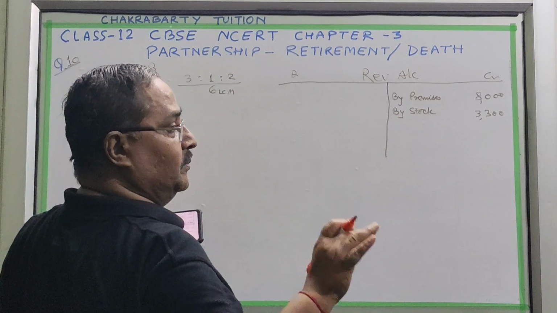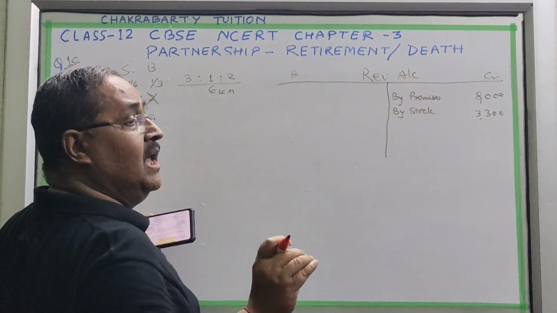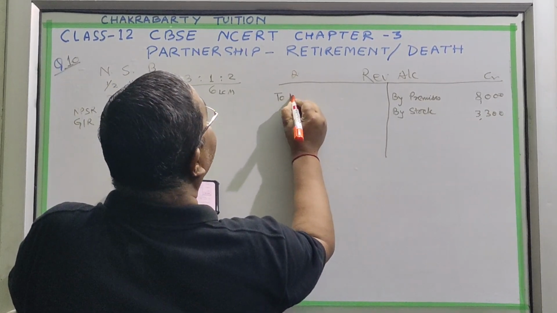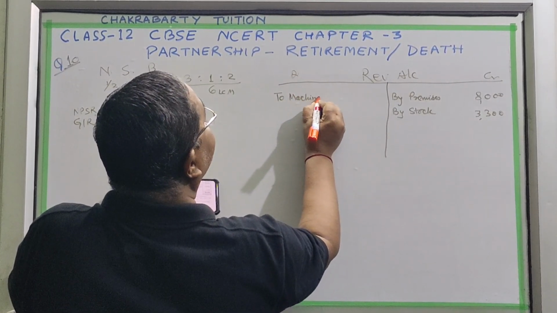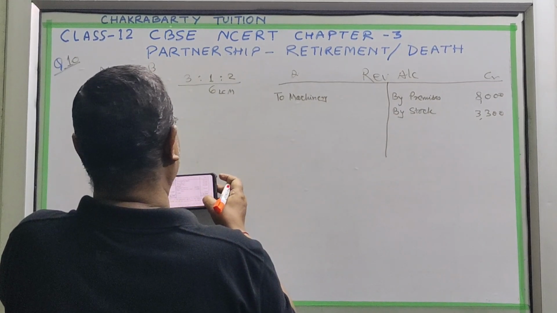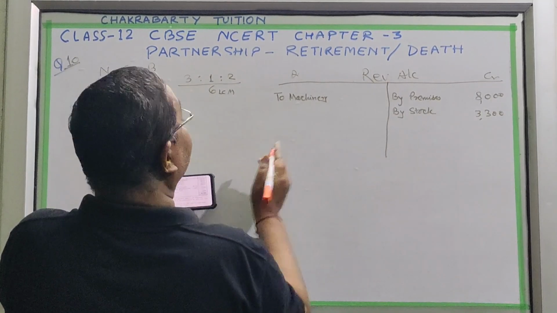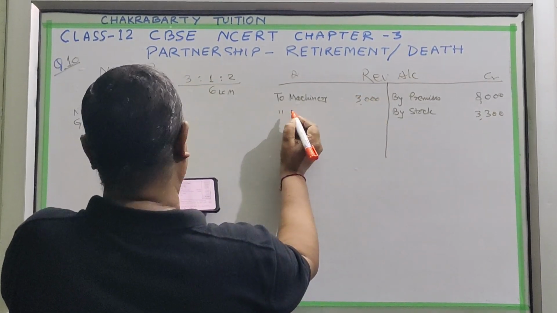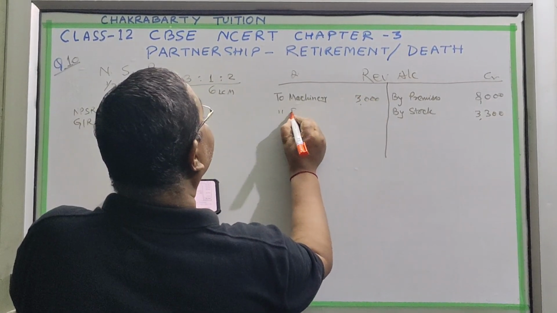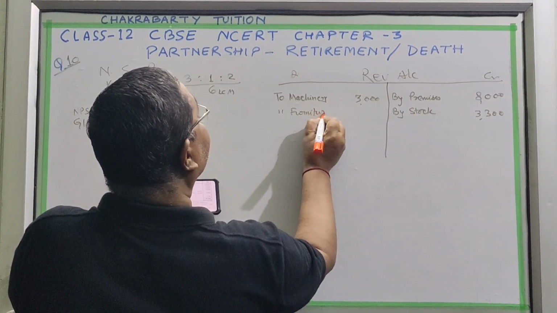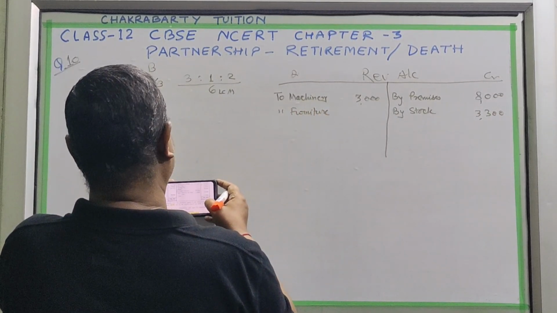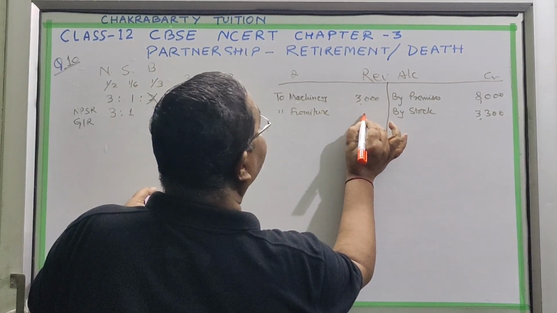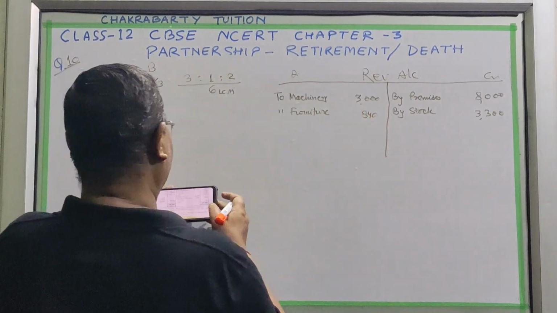So debit items to be reduced, it means we have to write those items with 'to', with credit sign. To machinery: machinery we have to reduce by 10%, which means 3,000 rupees. To furniture: furniture is to be reduced by 7%. Furniture 12,000 is given, 7% of it will come to 840.